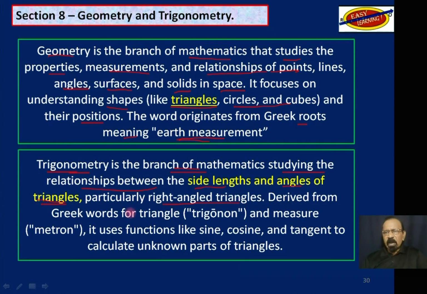And the word is derived from the Greek words for triangle, trigonon, and measure, metron. And it uses functions like sine, cosine, tangent to calculate unknown parts of a triangle. So when they said here geometry and trigonometry, that's a redundancy because trigonometry is included in geometry. It's a part of geometry.